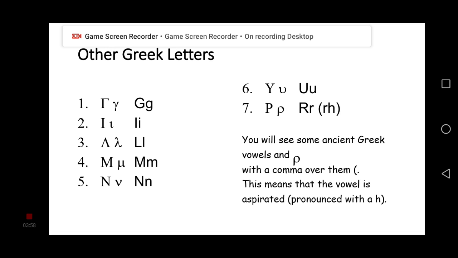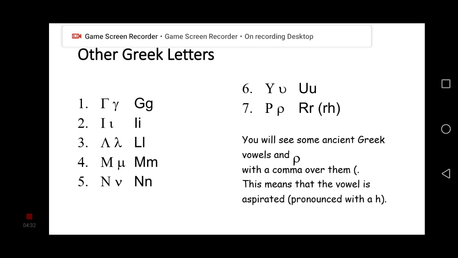Other Greek letters, you've got your gamma, so some of you might have come across that. The I, the iota, is exactly the same. L looks like an upside down Y, but it's actually an L. M and N are the same in the big letters, but the little letters are a little bit different. The little n trips you up a little bit because it looks like a V. And then 6 and 7, you've got the U, the upsilon, which looks like a Y, but it's a U sound.